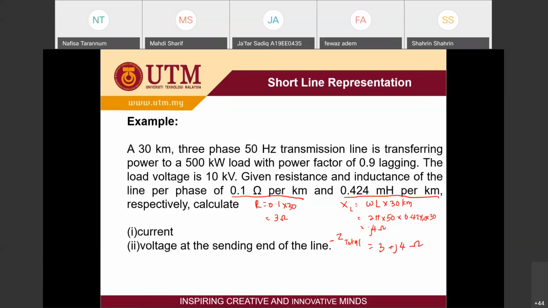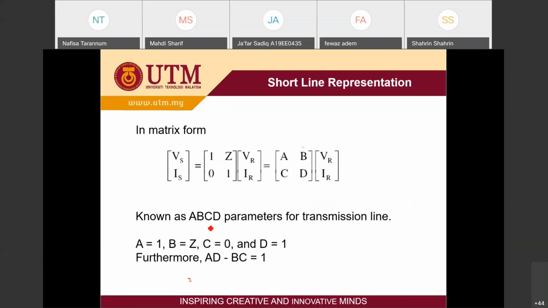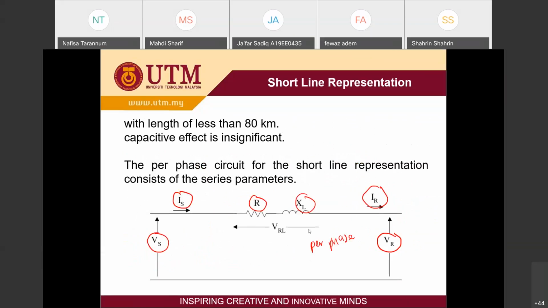Okay, and by using the equation, we know that Vs is equal to VR plus IR multiplied with Z total. This one is actually phase values, because this circuit is per phase, meaning all the values here must be in phase value.